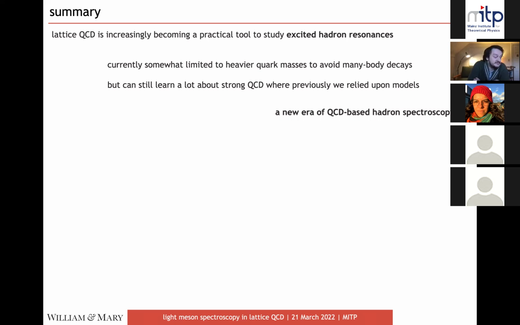But we can still learn a lot about strong QCD, particularly the behavior of strong QCD a little bit away from the physical light quark masses, where previously we were entirely reliant upon models which had, you know, undetermined relation to QCD.